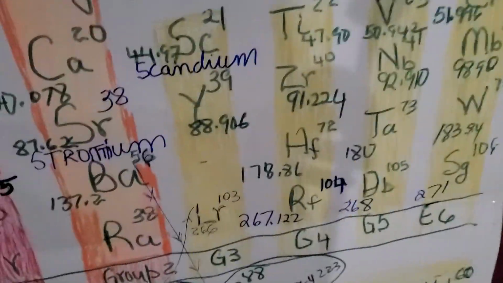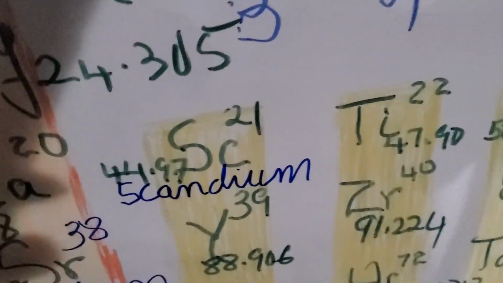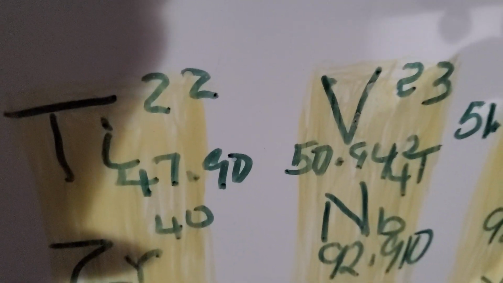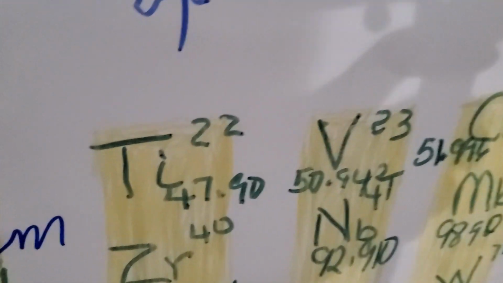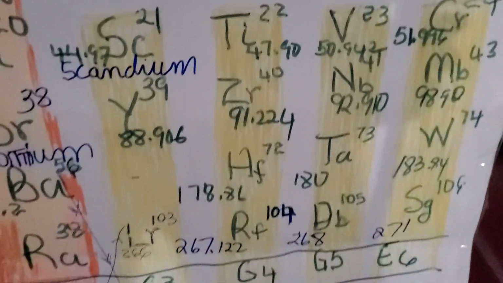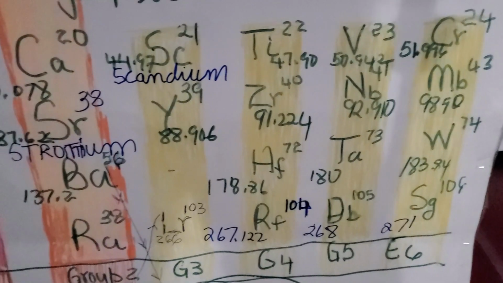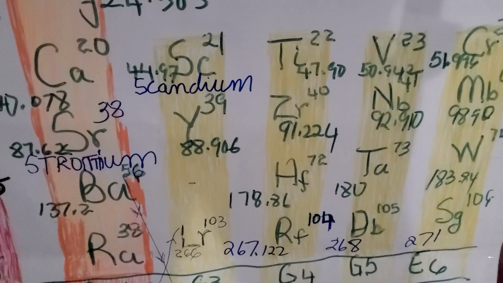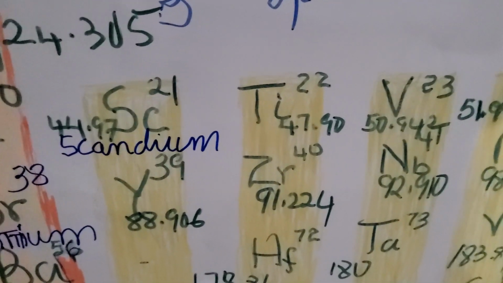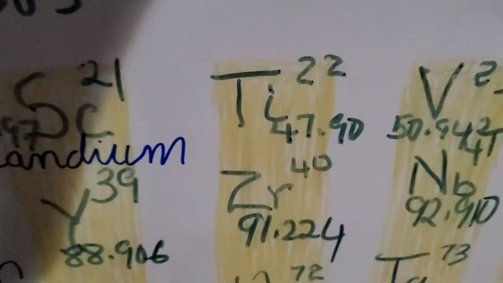Atomic number 23 is in group 5, with an atomic weight of 50.94. There it is, vanadium. Beneath it is NB, that's probably niobium.